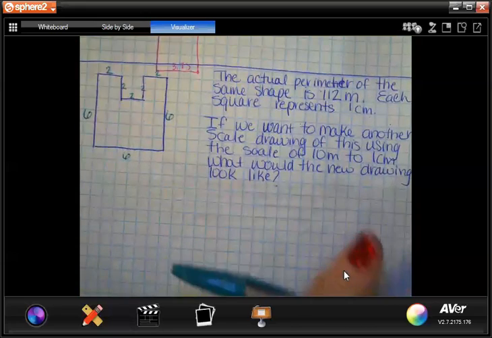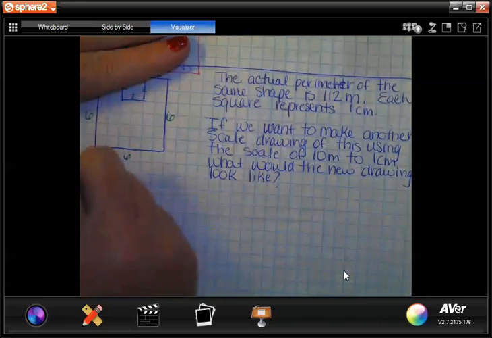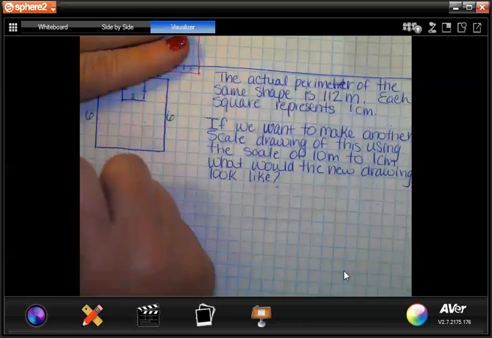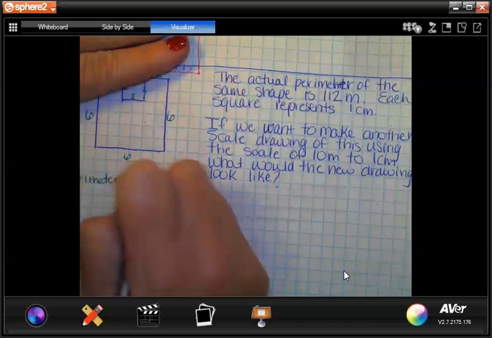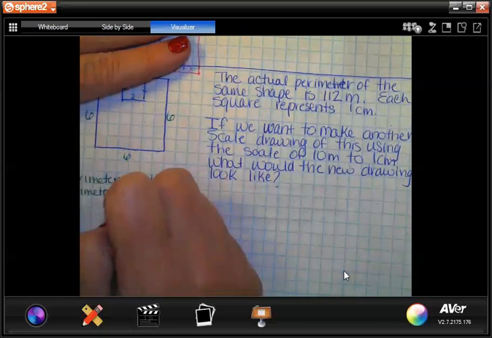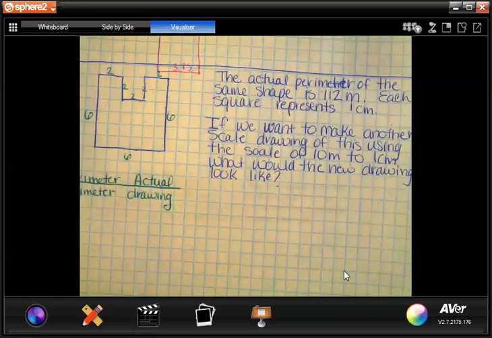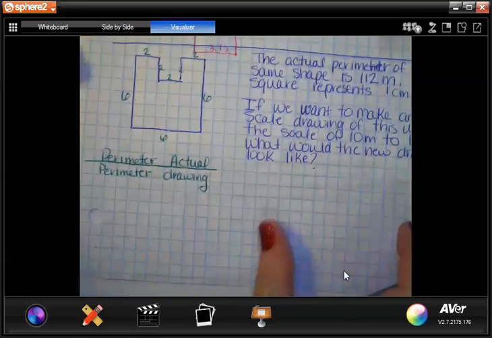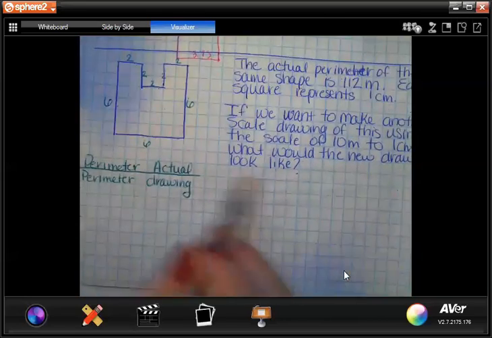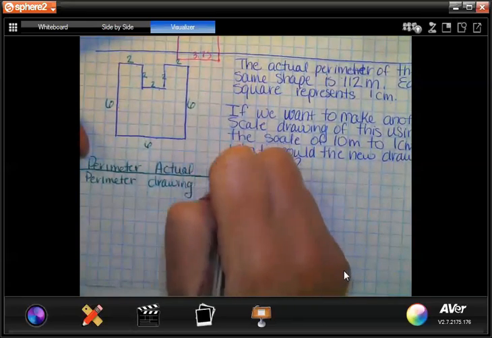So the only thing that we can go off of is the perimeter of the actual to the perimeter of the drawing. That's the only two pieces of information that we can go off of in order to make a new scale drawing. So we know that the actual perimeter is 112.